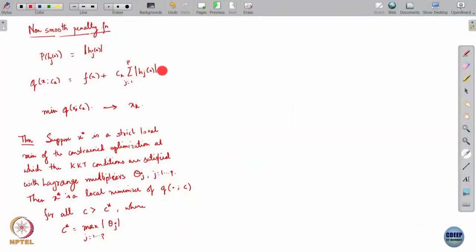The only catch here is that the actual minimization of the penalized function, the one with the mod h in the objective, becomes a little problematic, because now you have a non-differentiable objective.